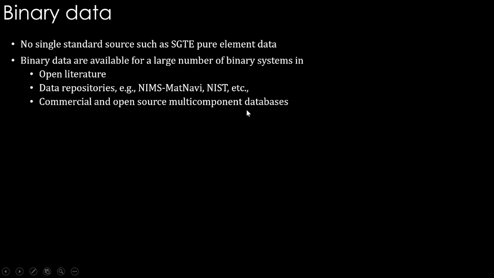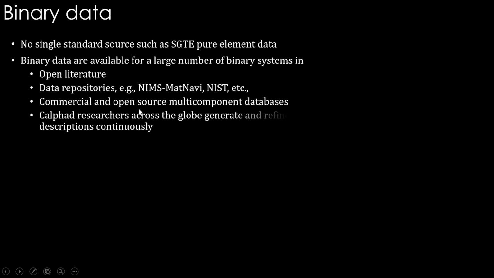This is what we will be using basically when we use the software. The databases that come along with the software, we'll use that. They are one of the major sources for binary data. And of course, CALPHAD researchers across the globe generate and refine the binary and higher order Gibbs energy descriptions continuously. That keeps happening.